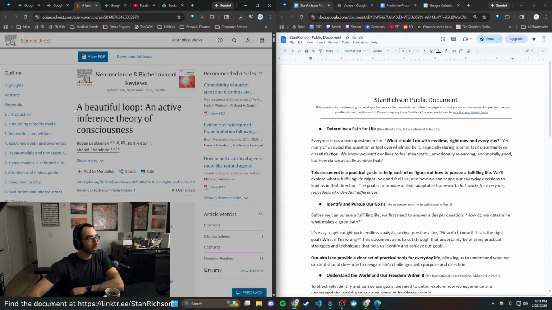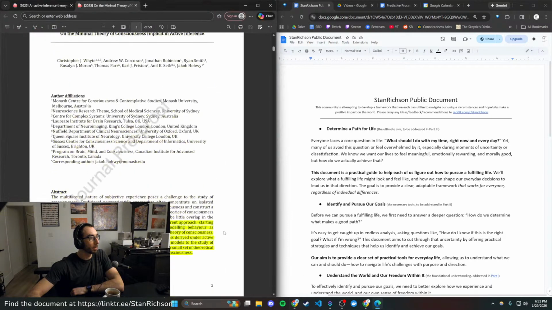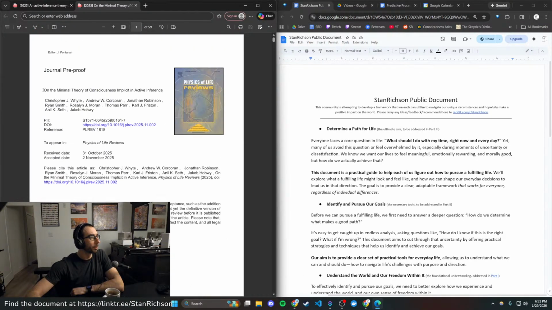I didn't realize that this is actually not the paper I read. I read this paper on the minimal theory of consciousness implicit in active inference, which also came out November of last year. So pretty recent.